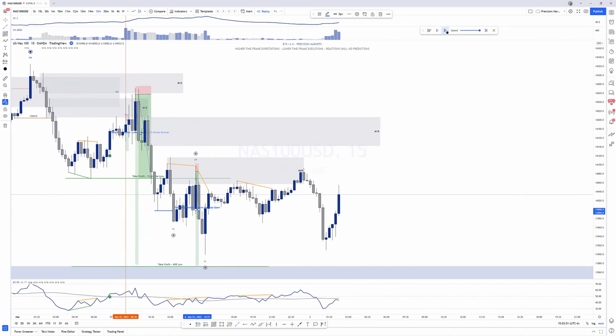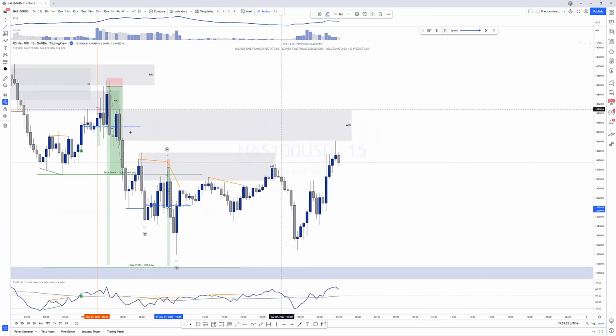And all right, price took us out. It got really close to coming into the zone, but it just barely missed. So this is actually around the time right here that would have been London Open. Right here would have been London Open.